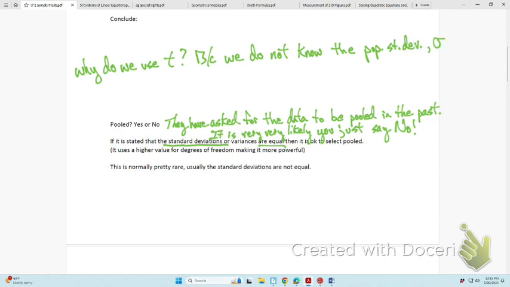We don't have it. It's not the researcher's fault. They just have a lack of information. We only have the sample standard deviation, S.